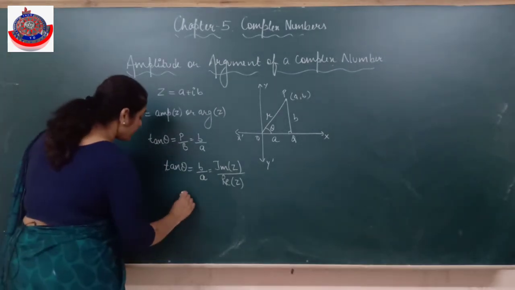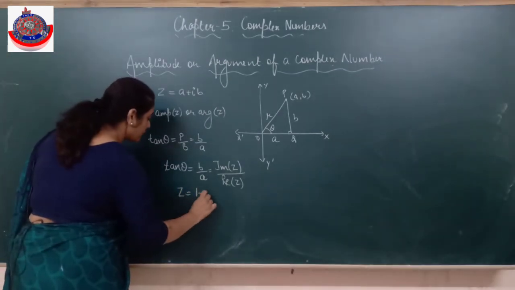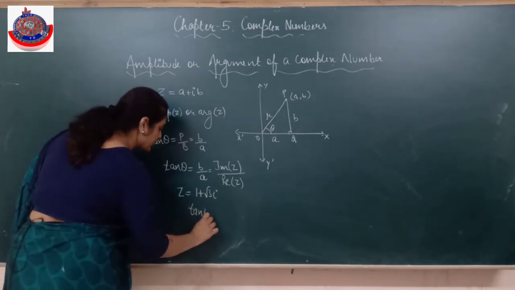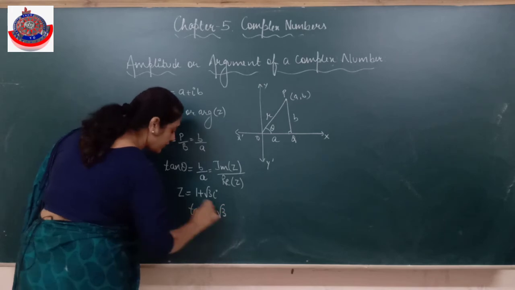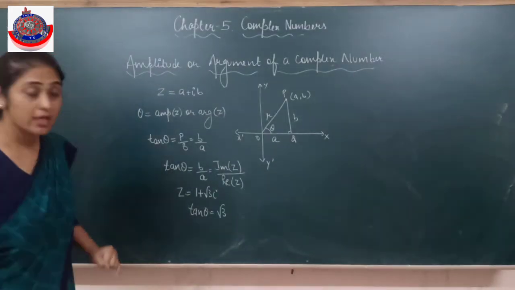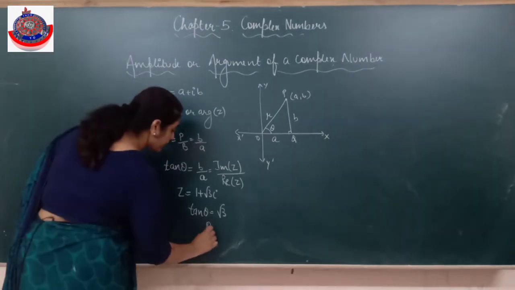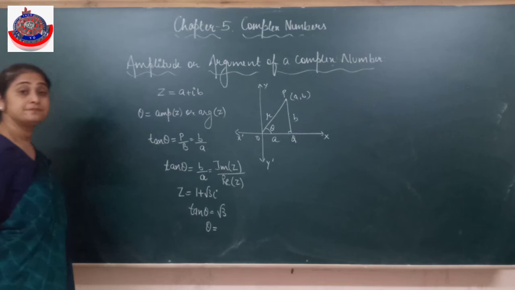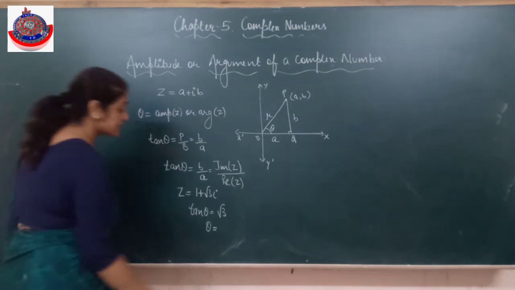Is it clear? For example, the complex number is given to be 1 plus root 3 iota. So my tan theta will be equal to the imaginary part, that is root 3, upon the real part, that is 1. अब मुझे find करना है theta की value. root 3 कहाँ पर होती है? Value of theta is root 3 at, yes, at 60 degrees.